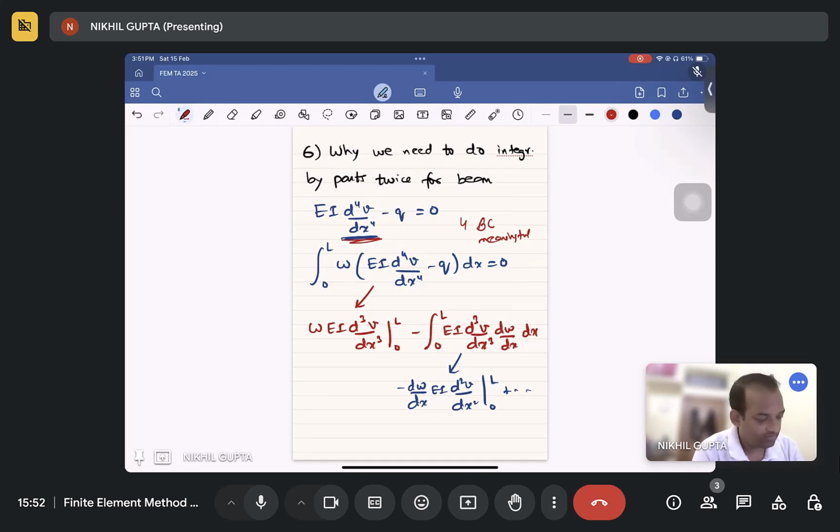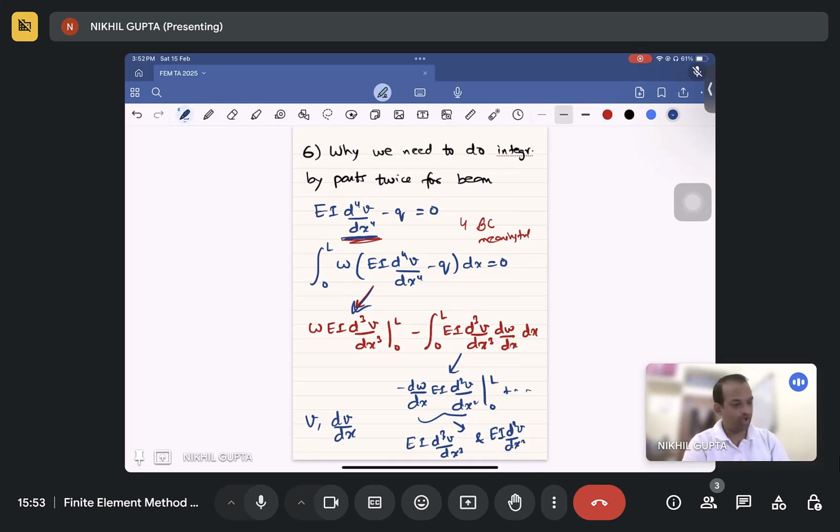When you do one integration by parts, you get two boundary conditions, v and dv by dx, and from the other you get two, EI d3v by dx cube and EI d2v by dx square.